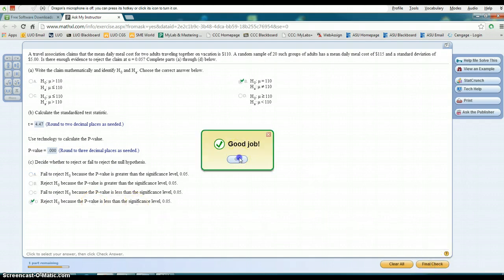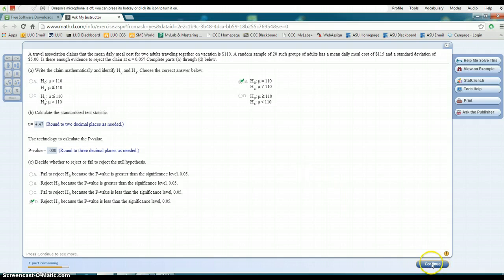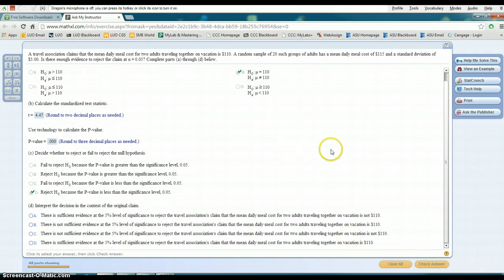So we check that, and we're done, and we left-click continue, and it says interpret the decision in the context of the original claim. All right, let's interpret the decision in the context of the original claim.